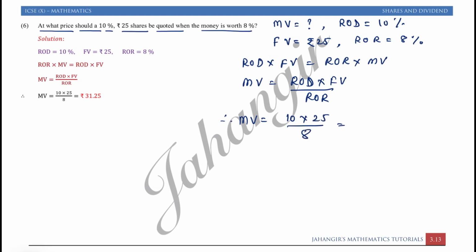So we can just calculate it. 4 2 5s are, 2 4s are 125 upon 4. So that is 31.25 rupees. So therefore MB is equal to rupees 31.25.